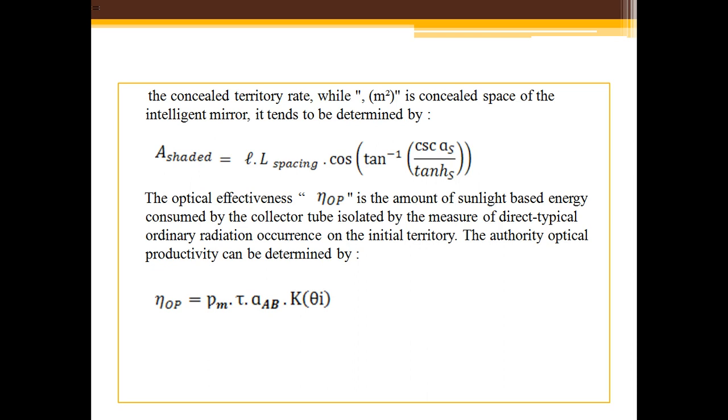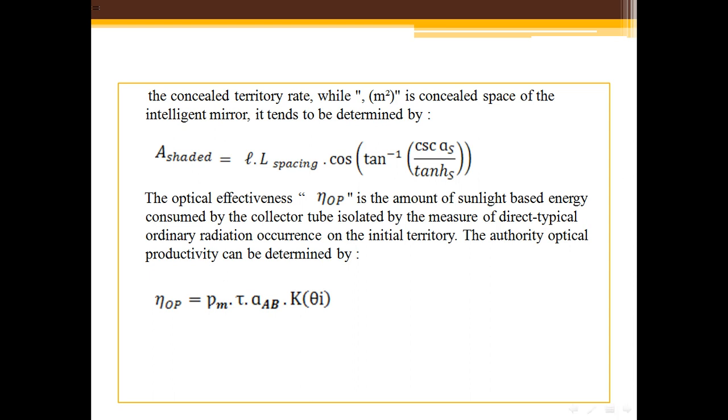The collector optical efficiency can be calculated by the following, where PM refers to the primary mirror reflectivity and glass cover transmittance, and AB refers to the absorption coefficient of the receiver tube. K incidence angle is its main correction coefficient.